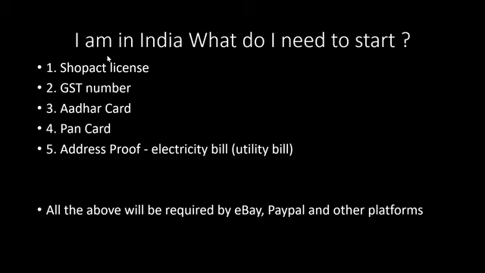If you're in India, in order to start, you will need a utility bill, a PAN card, a GST number, a Shop and Establishment license, and an Aadhaar card. All of the above are required by eBay, PayPal, and other platforms in order to identify you and allow you to accept funds from buyers. But as you can see, it's right in front of you.